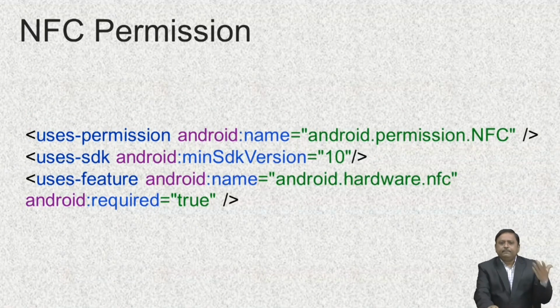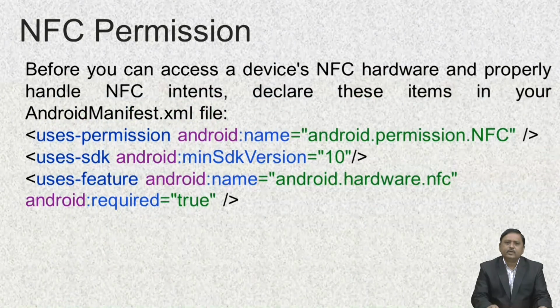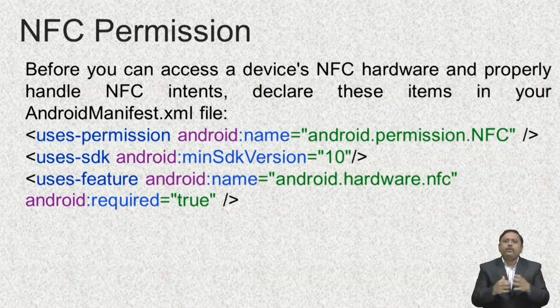Now, what are the permissions required to use NFC? Before you can access the device's NFC hardware and properly handle NFC intents, declare these items in your AndroidManifest.xml file that you can see on the screen.